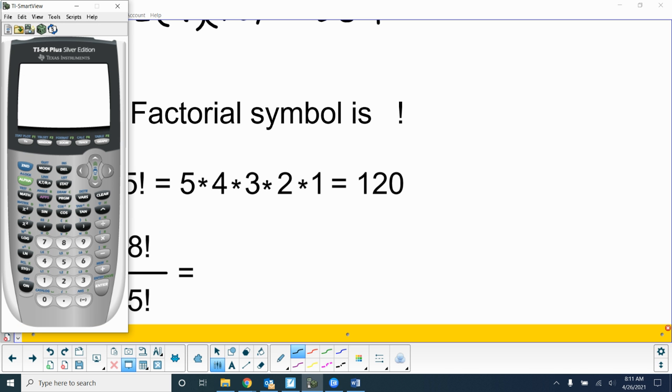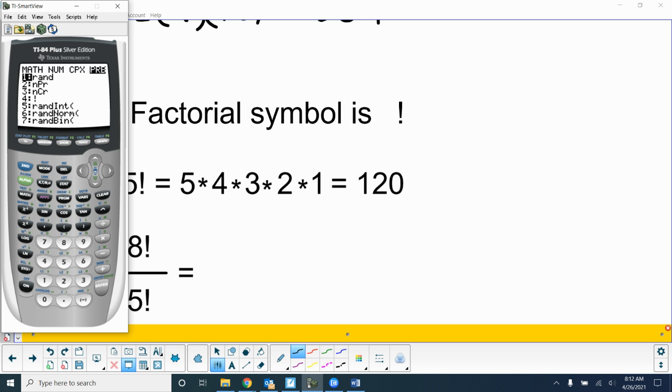It's the math button, and over to probability. I hit the left arrow key once. Yeah, there it is. So math button, then highlight PRB for probability, and it's number 4.